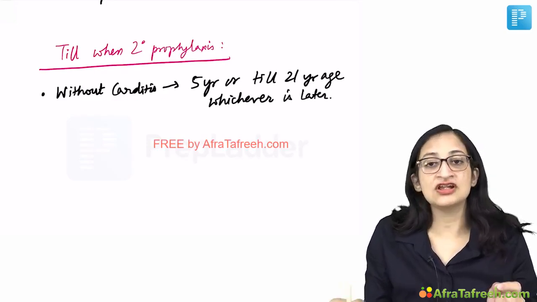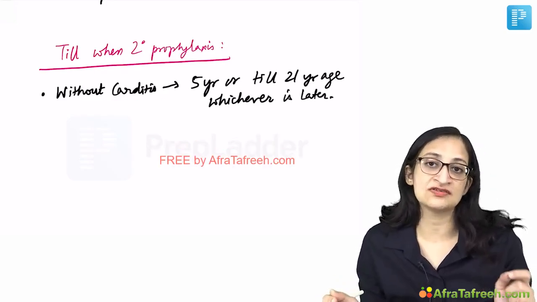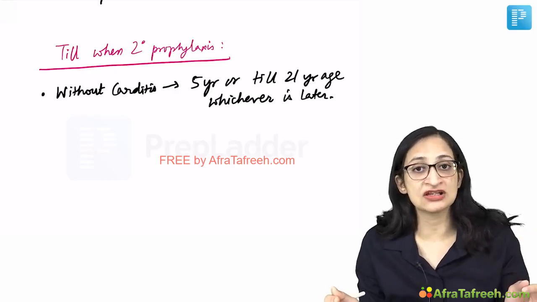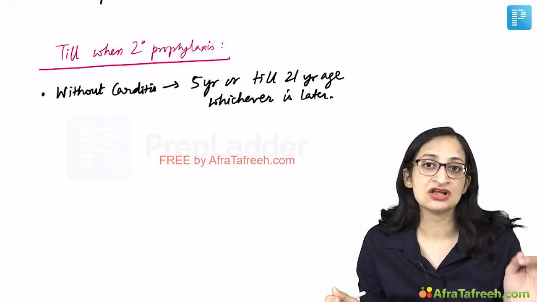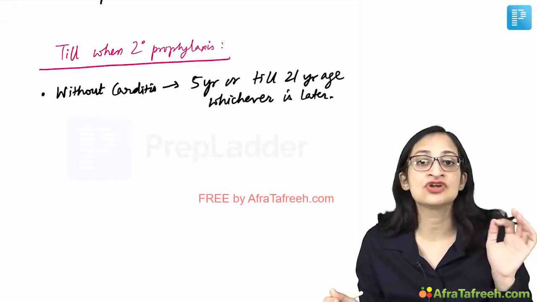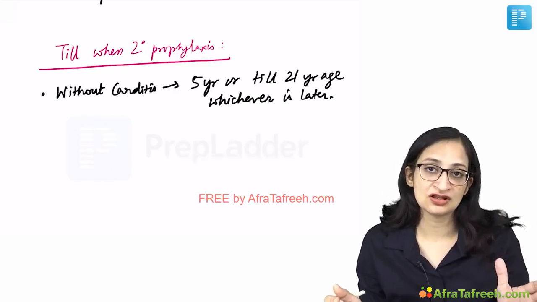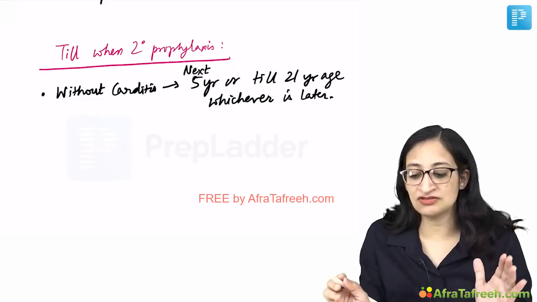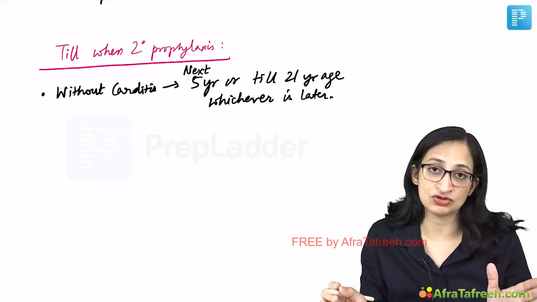That means if the individual is 10 years of age, you will give it till 21 years of age. But if an individual had the onset of rheumatic fever at 18 years of age, then you will give it till 18 plus 5, 23 years of age. So for the next 5 years or till 21 years of age, whichever is later, you have to give it.